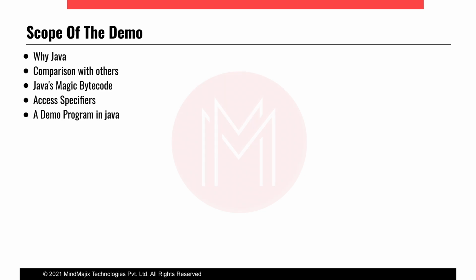Today in the demo session we are going to cover some topics from Java, as this course is related to Java. We will cover why we prefer Java rather than other languages, then a comparison of Java with other languages, Java bytecode, access modifiers, and a demo program in Java.